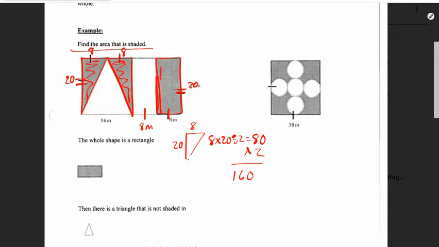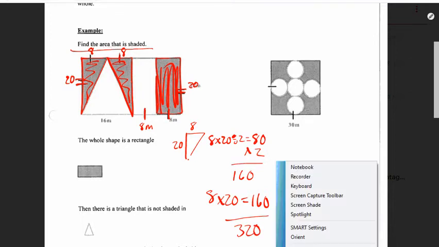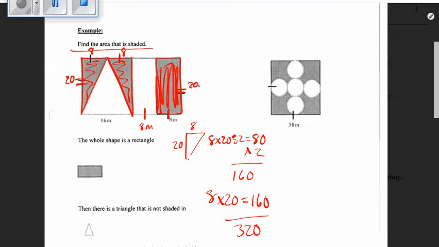Now all I gotta do is find out this rectangle. It's 8 by 20, so 8 times 20 is 160. If I add them together, I get 320. So I end up with 320 meters squared when I add the two together.